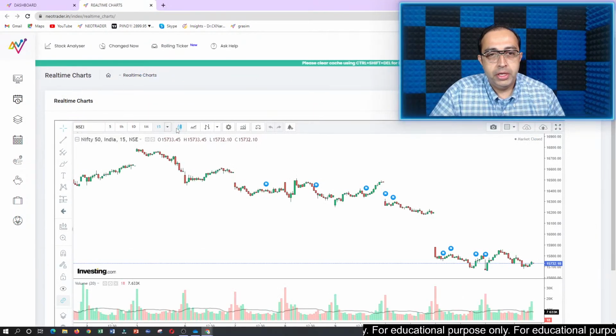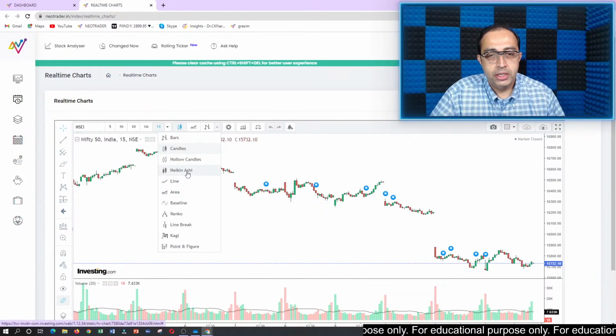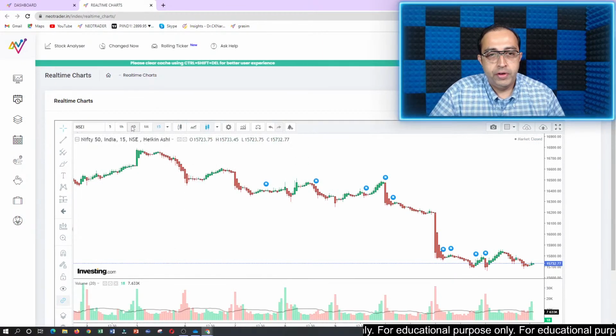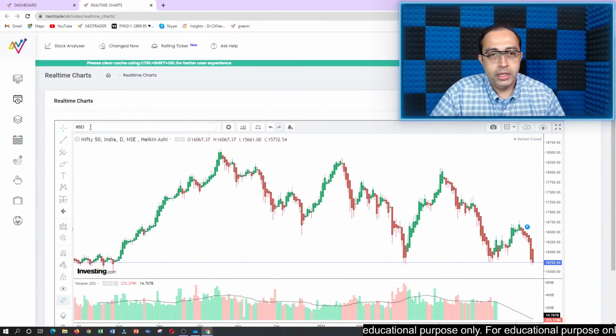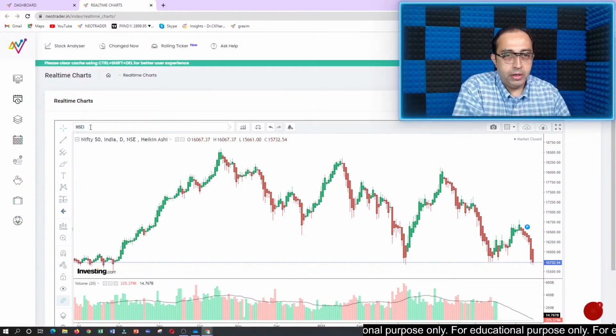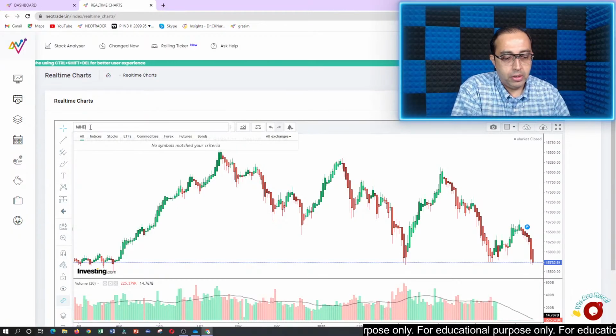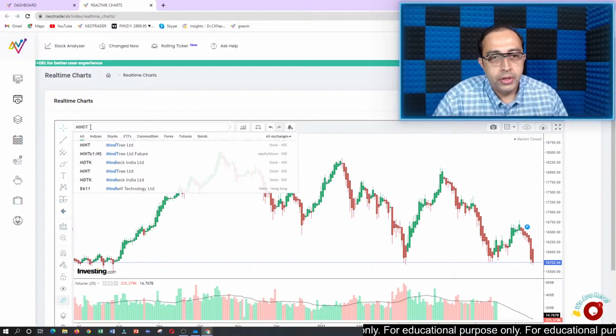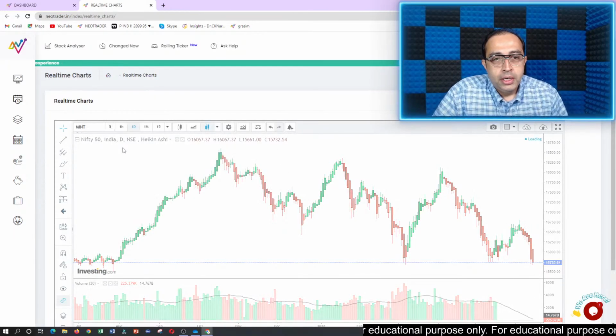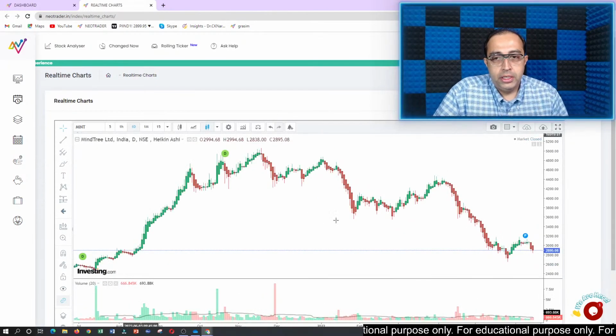Now let me change this chart to Heikin-Ashi. Okay, not from here, it's a bar chart. This is the Heikin-Ashi chart. I will go into the daily chart, and then I will write here Mindtree, and this is the chart of Mindtree.